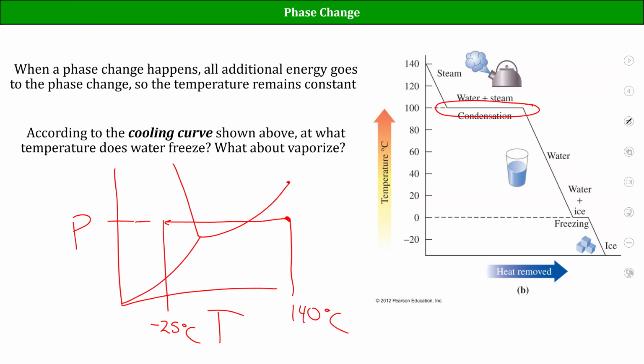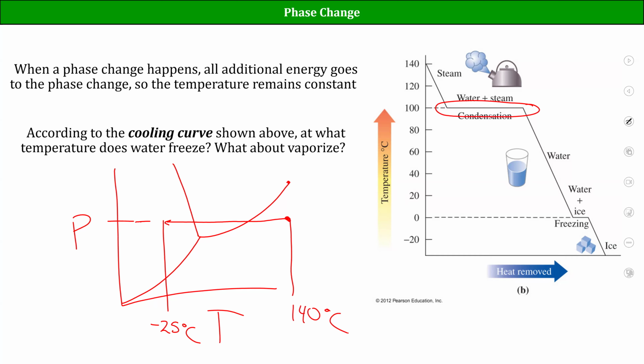Right, so this is what I mean by this heating curve is a cross section. We're just taking one specific pressure of this phase diagram. We're starting at a certain temperature, we're dropping the temperature. And every time we hit one of these lines, we get a phase change.